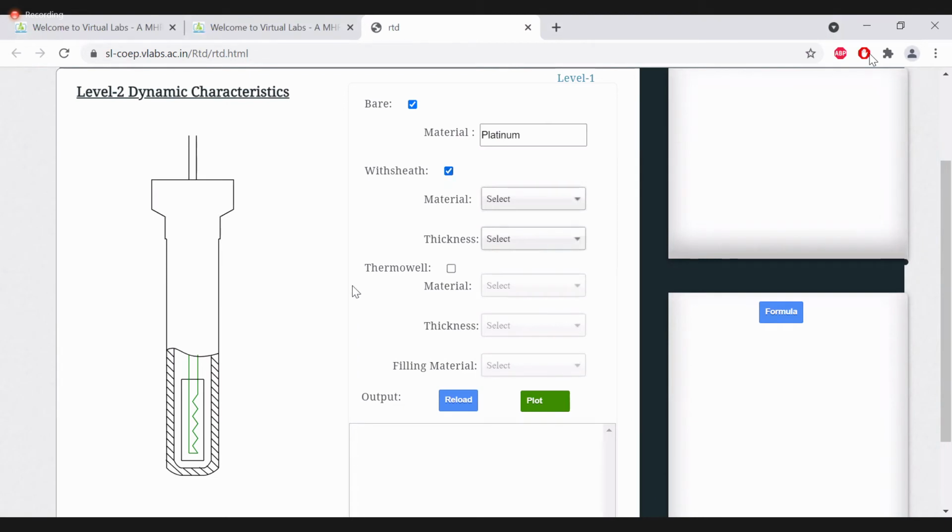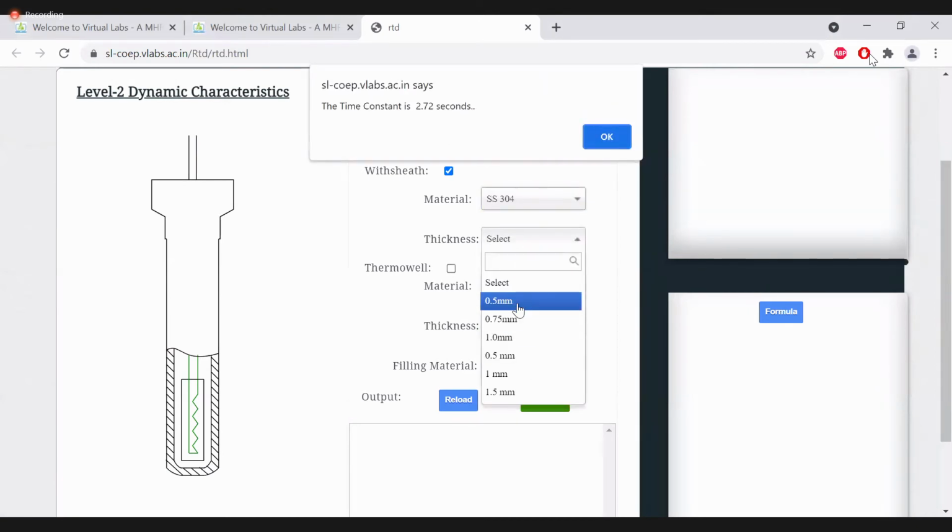This dotted line is called the sheath. We select the material for this sheath, and we can select the thickness. When you click on the thickness, you will get the time constant again.